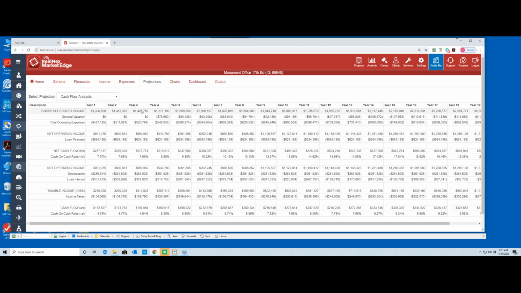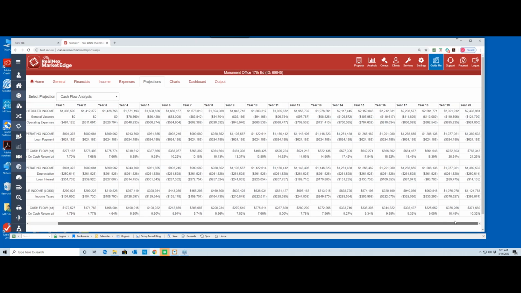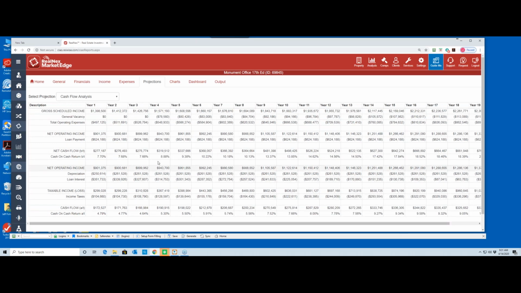So those calculations are done every year for 20 years. You may not be looking at it over 20 years, but it's automatically done for all 20 years. I'm going to kind of focus in on a 5-year holding period when I look at some of these other measures. 10 years is a pretty typical holding period for a discounted cash flow analysis.